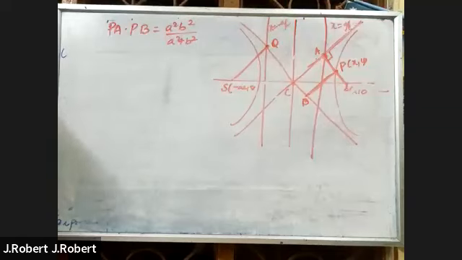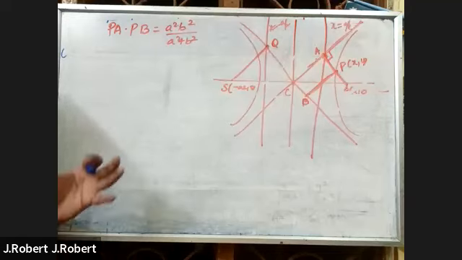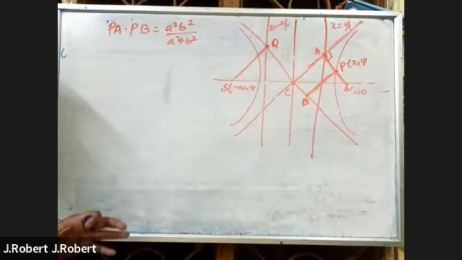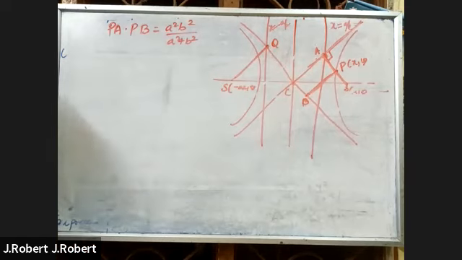Take down the first problem of today's class. Actually it is not a problem, this is called an illustration. We have not yet come to problems. Using the result, how to handle the standard results in asymptotes.